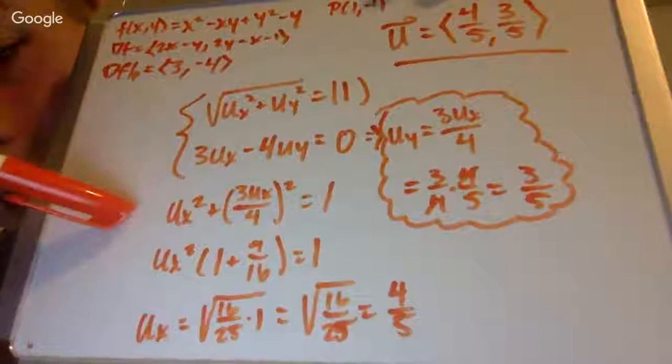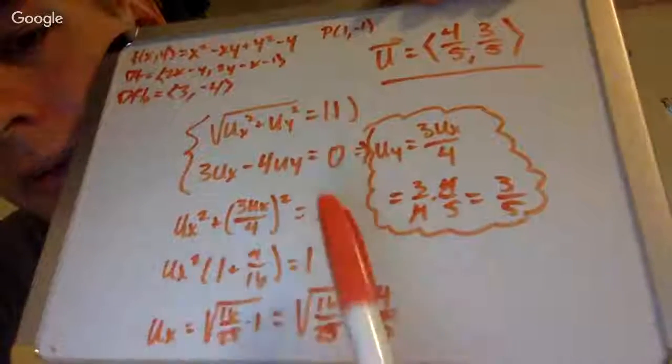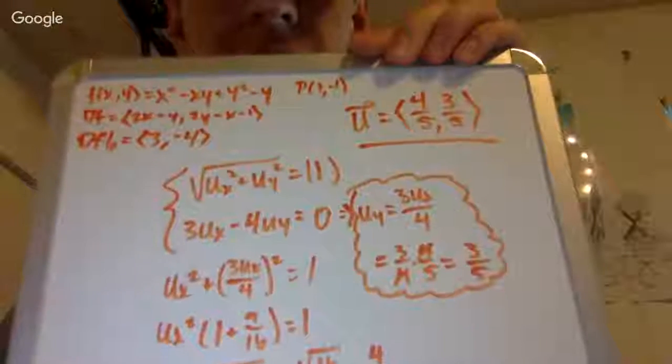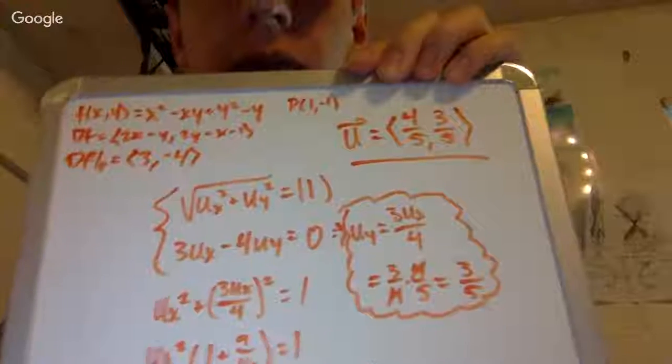I got that equation from the bottom equation, and then I plugged that into the top one. And since the top one is equal to 1, you square both sides and it becomes U of X squared plus U of Y squared equals 1. Okay, that makes more sense.